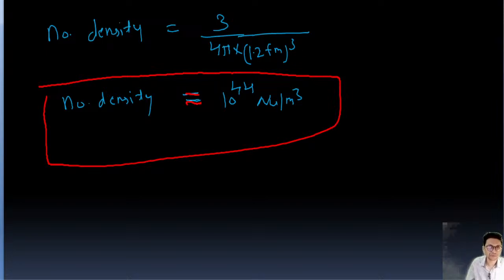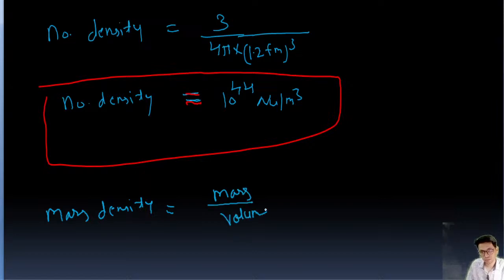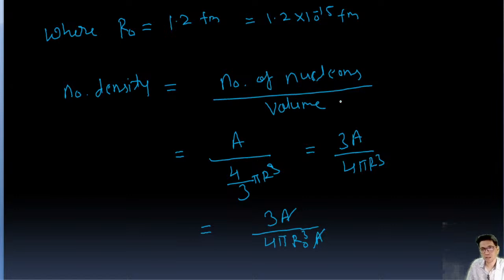Next is mass density, guys. Mass density is different and number density is different. Mass density means mass upon volume, and number density means number of nucleons upon volume.